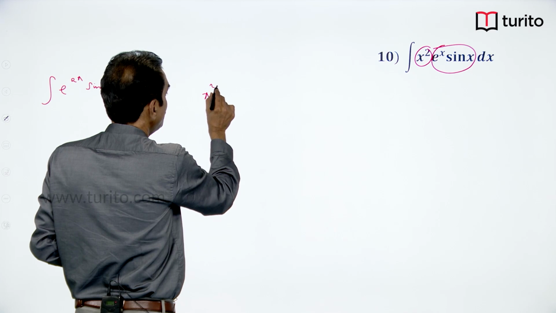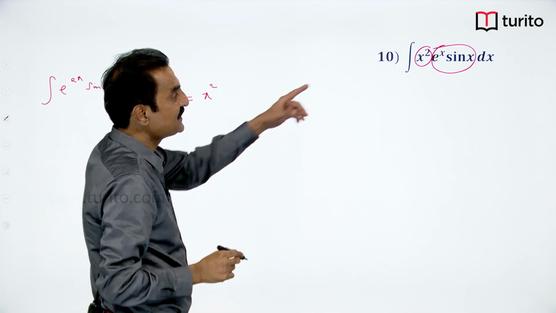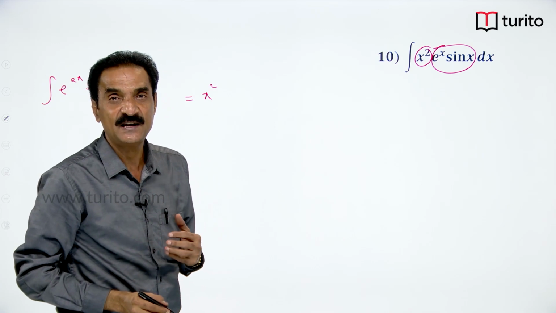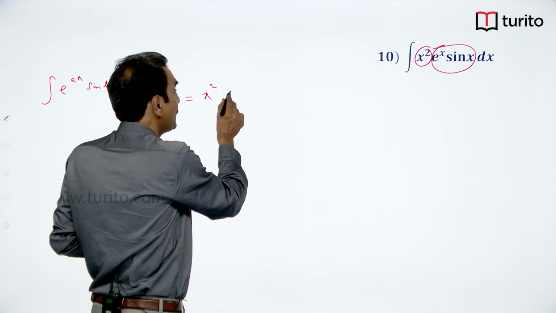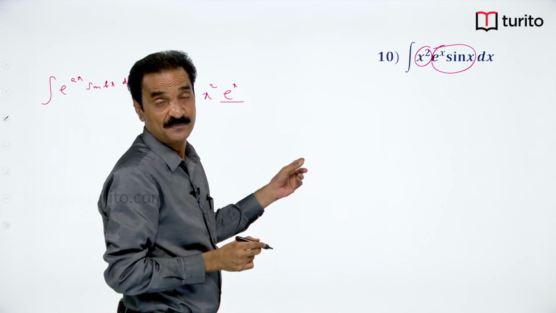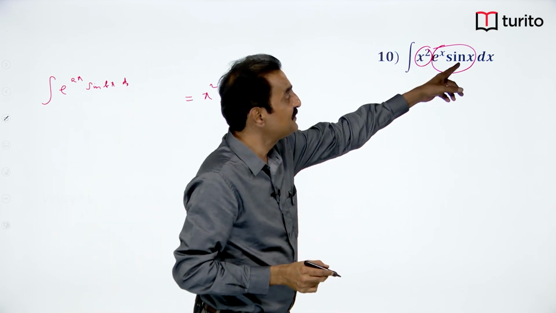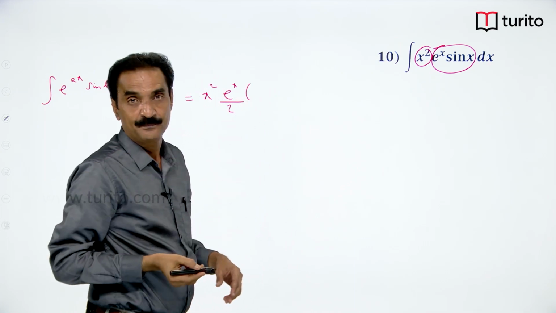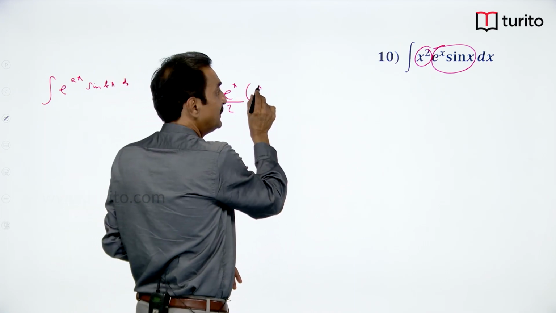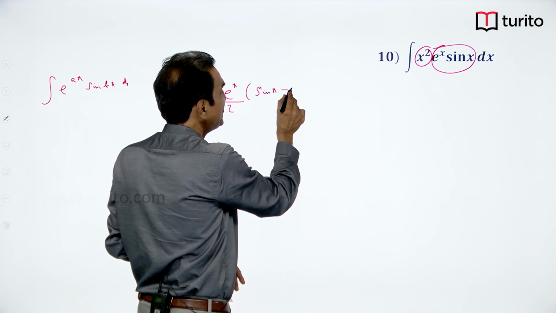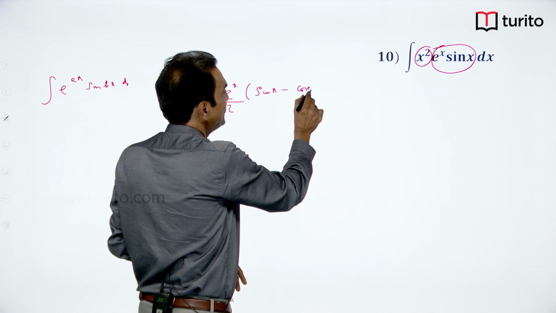First function into integral of the second, I will directly use the formula. What is the integral of e power x sin x? Using this formula, e power ax by a square plus b square, a square plus b square is 1 square plus 1 square, 2, into a sin bx, that is sin x, minus b cos bx, that is cos x, plus c.